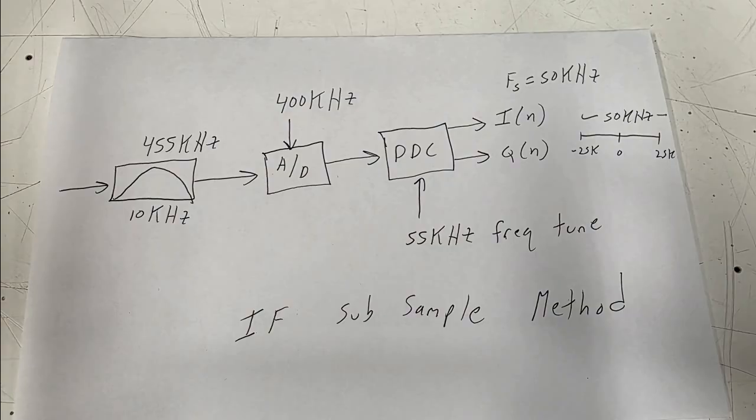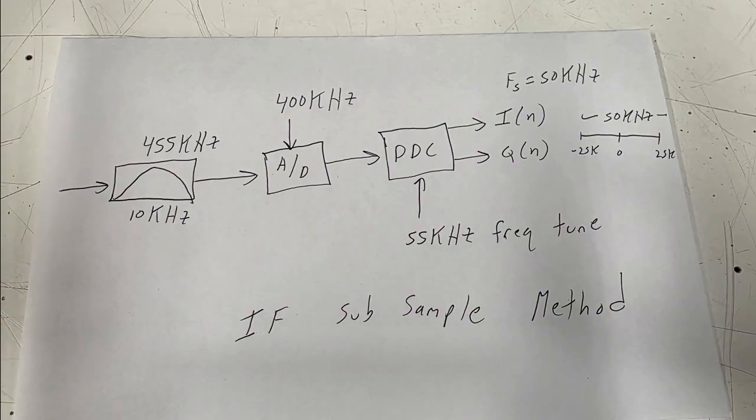We can then send that through an analog to digital converter, now running at a 400 kilohertz sample rate, much less than the 125 megahertz, so a lot less power, a lot less energy. And then after that, we can feed that into a digital down converter, in which we would tell the frequency tune to be 55 kilohertz.